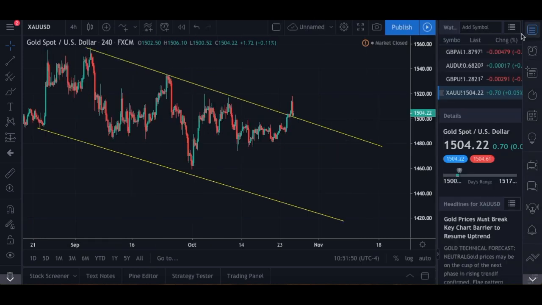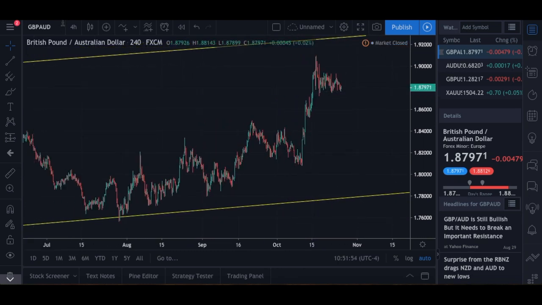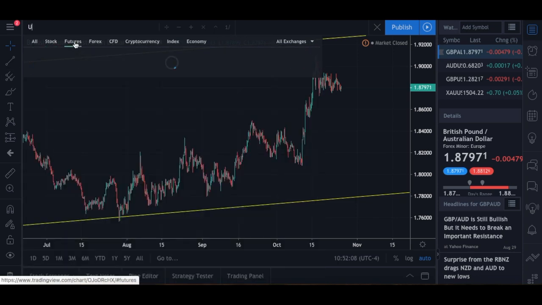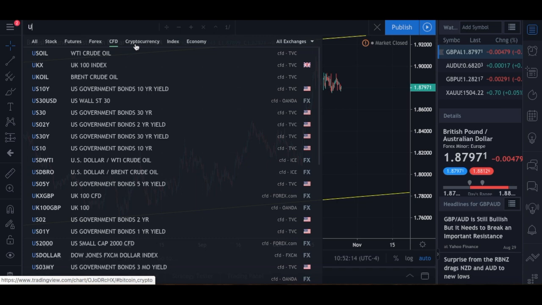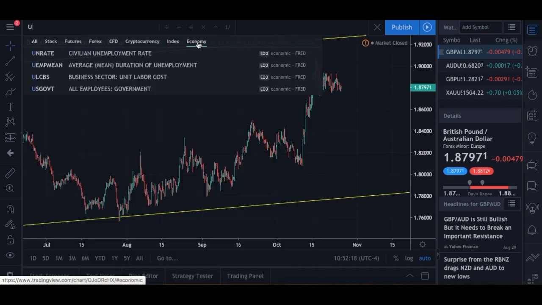So yeah, that's pretty interesting. I'm just gonna show you different pairs that I have. So even here, you can see I can highlight this. I can type in anything. I like this website because of all these functions. You literally can see stocks, futures, Forex, which is like currencies, CFDs, cryptos, indices, and then economy.